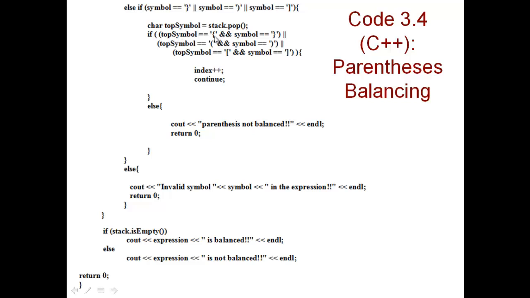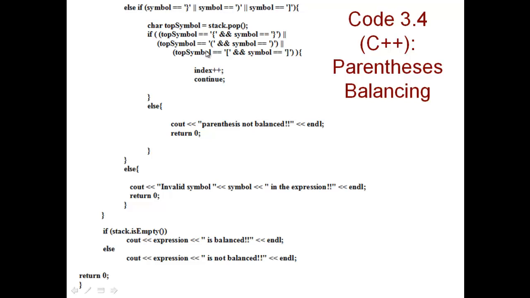If top symbol equals this open parenthesis symbol, the current value of symbol, which is any of these closing parenthesis symbols, should also be of the same type. So it should also be the curly brace.